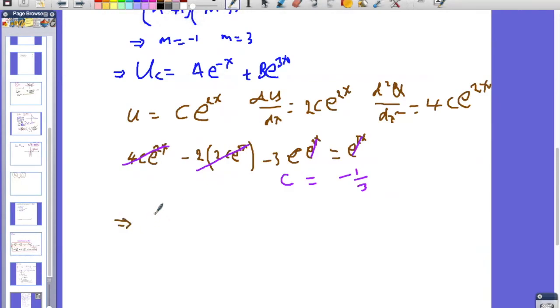So our u particular is -1/3 e raised to the power 2x.